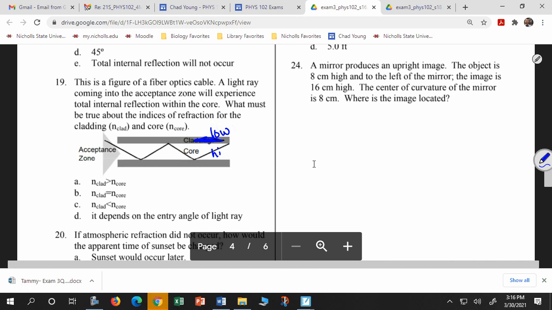The index of refraction on the inside is always bigger than the index of refraction on the outside. Think of a fiber optic cable. It's glass or plastic surrounded by air, right? It's always higher in the middle than it is on the outside. So yes, absolutely. Very similar question to that, Fanny. Okay?